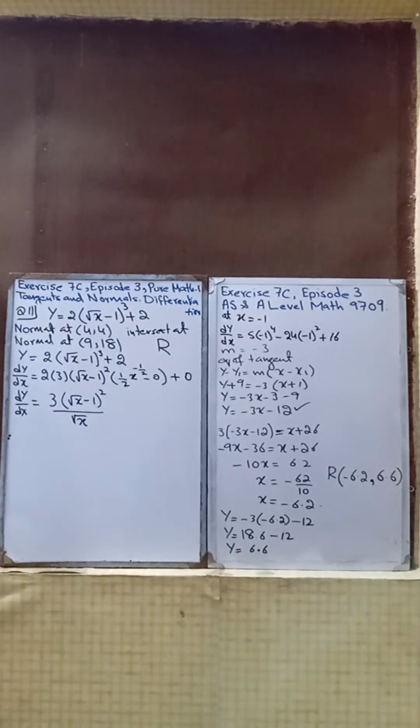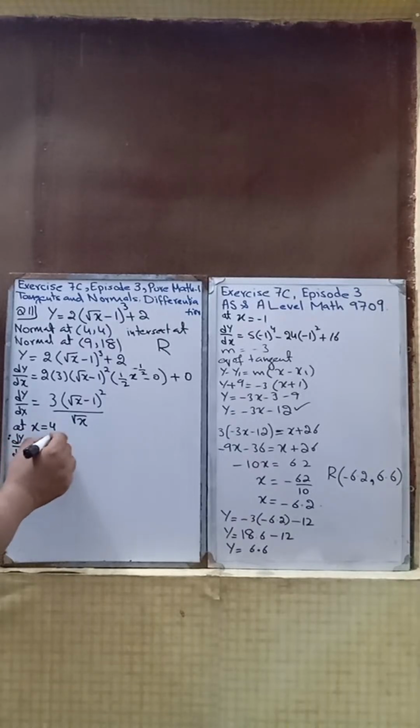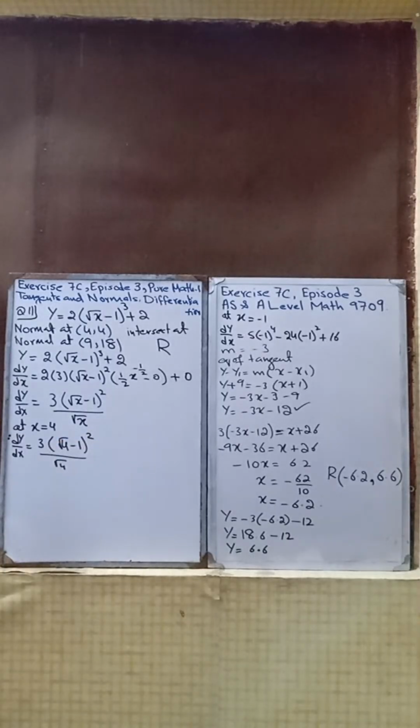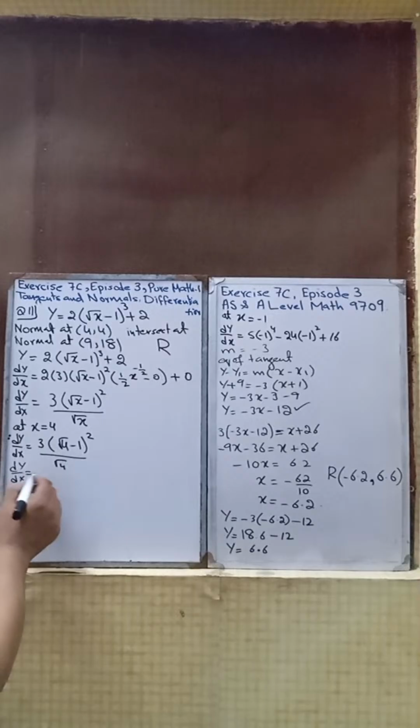Once I know that, I will find the equation of the normal at the point 4 comma 4. At x equals 4, the gradient dy by dx has the value 3 into under root 4 minus 1, divided by under root 4 all squared. So dy by dx will be equal to 3.